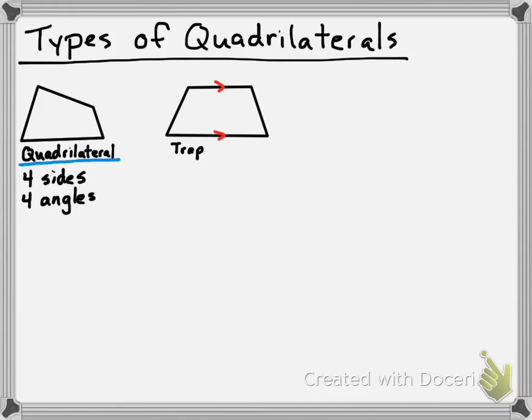Okay, and this type of quadrilateral is called a trapezoid. A trapezoid is a quadrilateral with exactly one pair of parallel sides.